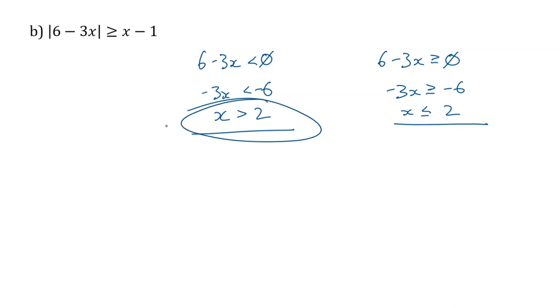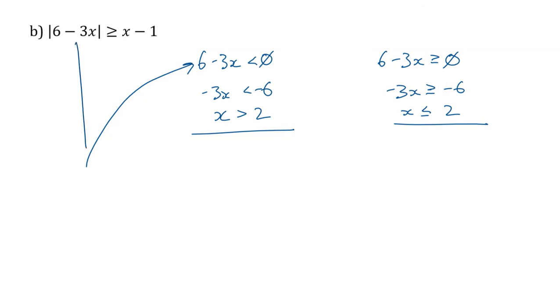Some people might think this is the side that you leave alone because now it's greater than 2. But no, it comes from the first step, that first line that we defined this case as the case where the argument of the absolute value is less than 0. We don't care if x is less than 0. It's the argument that's less than 0. So this is the one that we make negative.